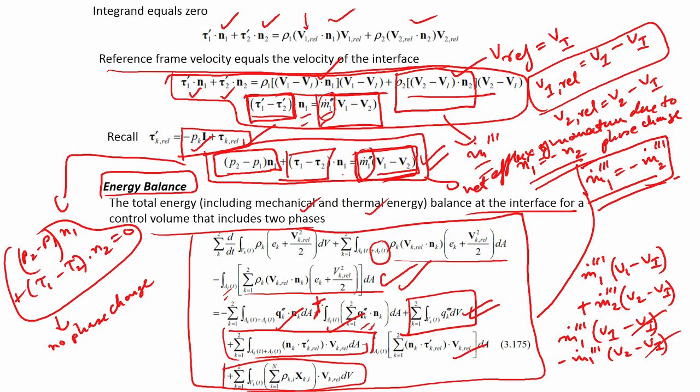So this plus sign is correct because there is a negative sign in front of the heat diffusion term. So when you subtract it out, it becomes a positive quantity. And similarly the stress term, that is the work done by the stress on the control surface, has also been added and subtracted, the interface term. So we have added basically 3 terms, we have subtracted 3 terms, that is all that we have done.